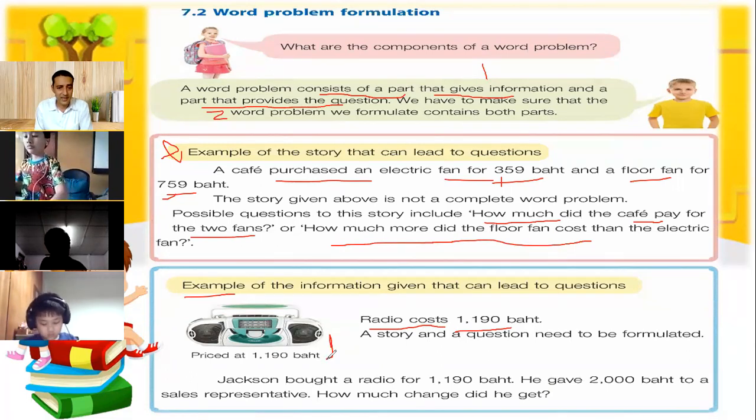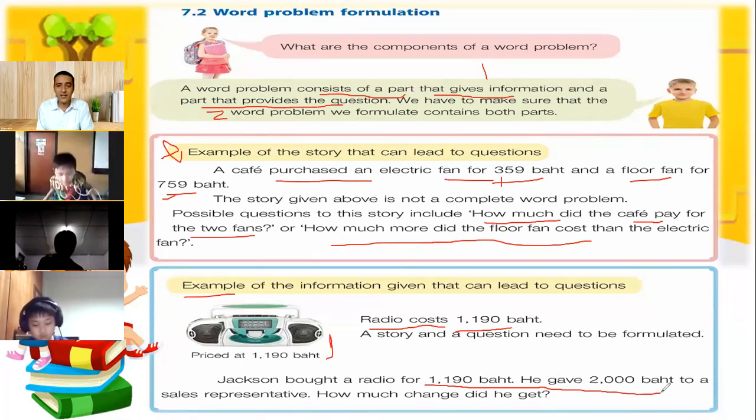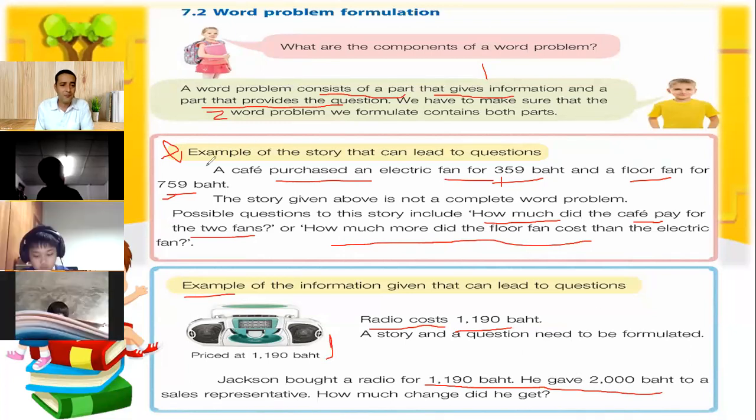Let's say we can make a question like: Jackson bought a radio for 1,190 baht. He gave 2,000 baht to a sales representative. How much change did he get? This is how we can make a question. All right, students, do you understand about the information and the question?